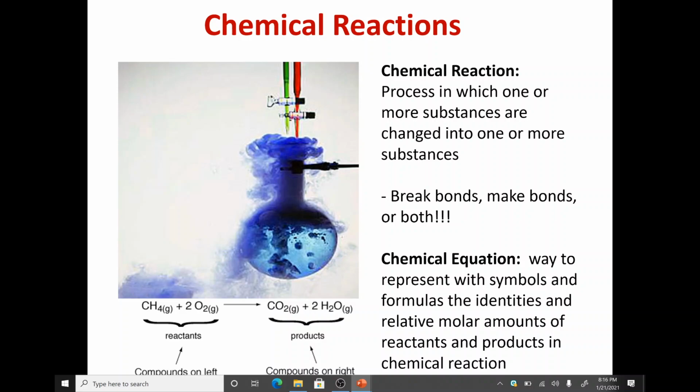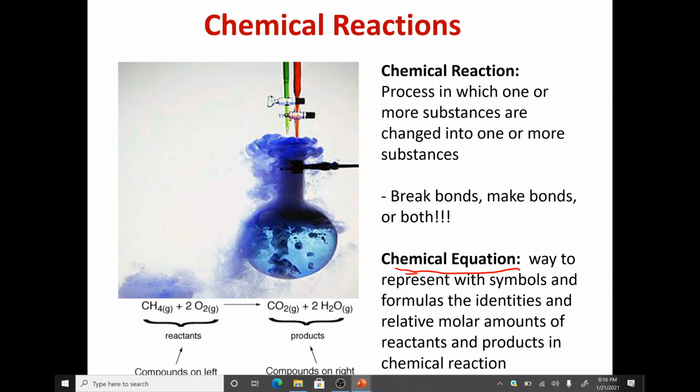A chemical equation is basically a way of depicting, without writing it out in detail, in symbols and numbers, what's happening in the chemical reaction. In other words, give the chemical formulas of the chemicals that are reacting, and give the chemical formulas of the chemicals that result from the reaction. Then we have to do some other work, and that is make sure we know how many molecules of each chemical react and how many molecules of each chemical we produce, to make sure we have the same number of each element's atoms on each side.